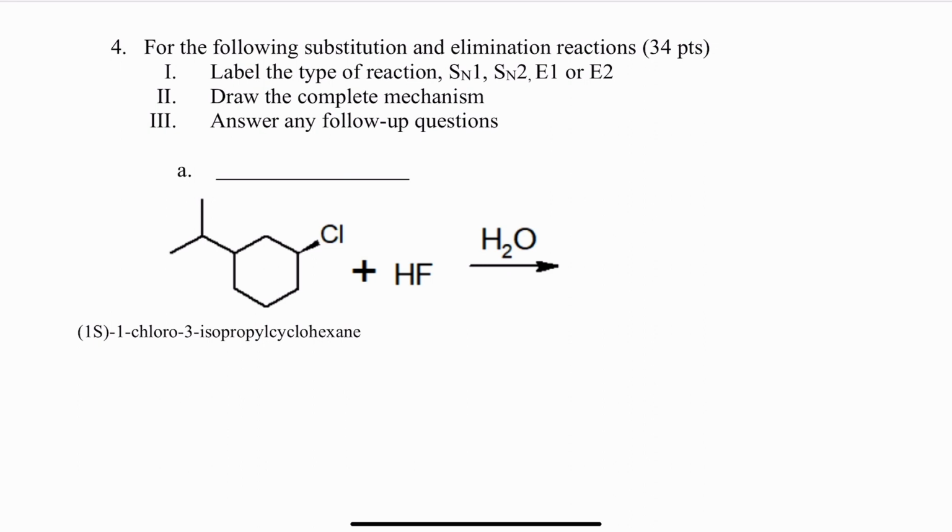With this one, the first thing you want to do is look at what the plus whatever is, because this part isn't going to help us. This is called the leaving group.